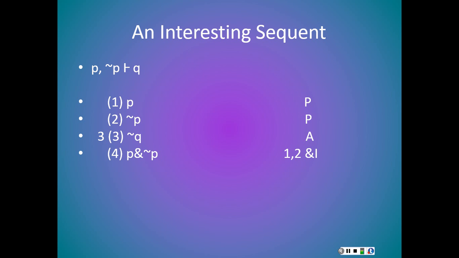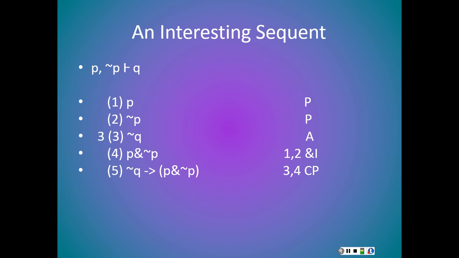So now that I've got that, I have derived my contradiction. So now all I need to do is discharge the assumption that I made for the purpose of reductio on line 3. I do that by applying conditional proof to lines 3 and 4. So now I have a conditional whose consequent is a contradiction.